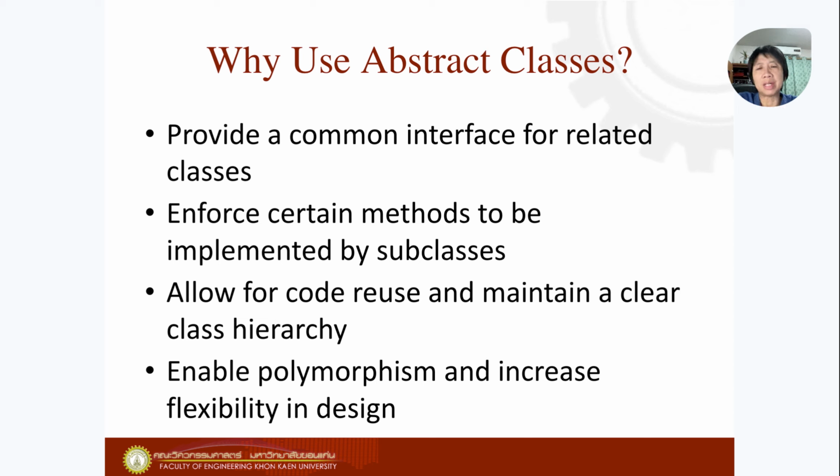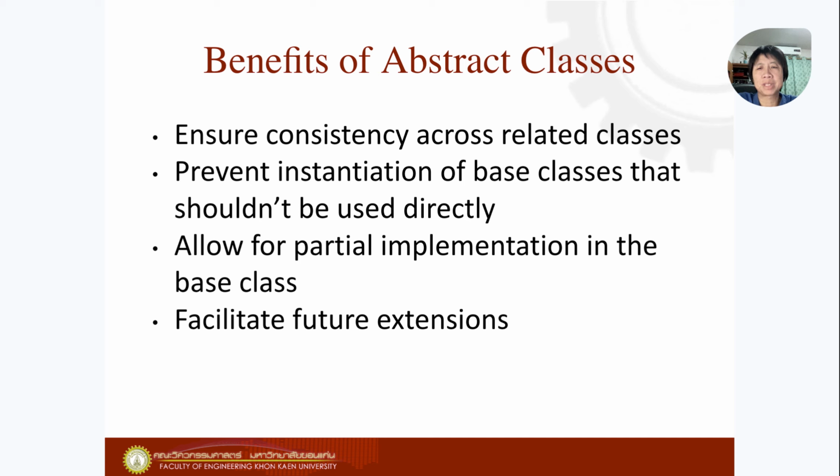So why use an abstract class? Because we want to provide a common interface for related classes, enforce certain methods to be implemented by subclasses, allow for code reuse, maintain a clear class hierarchy, enable polymorphism, and increase flexibility in design.